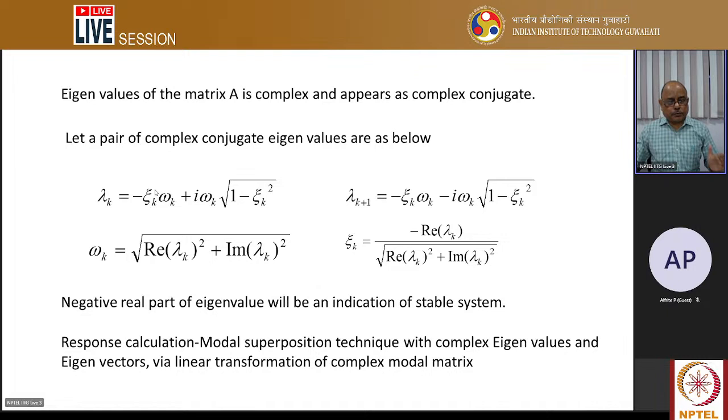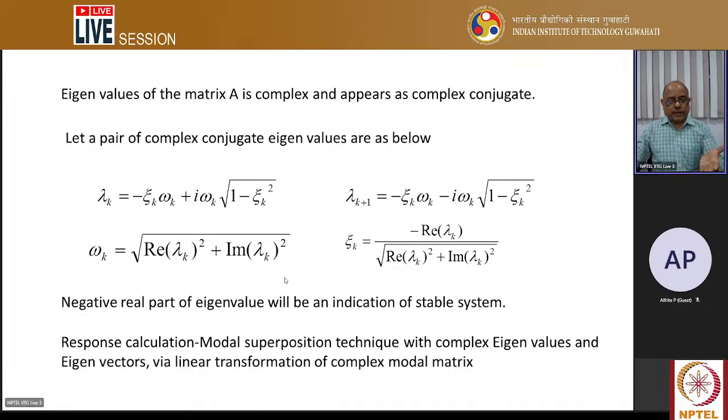The eigenvalue has two parts, as a complex conjugate eigenvalue, real and imaginary. So if we get the negative real part of the eigenvalue, the system is stable because our decaying factor is exponential to the power minus chi, that is the damping ratio, into omega into t. So if chi is a positive quantity, it happens when the real part of the eigenvalue is negative.